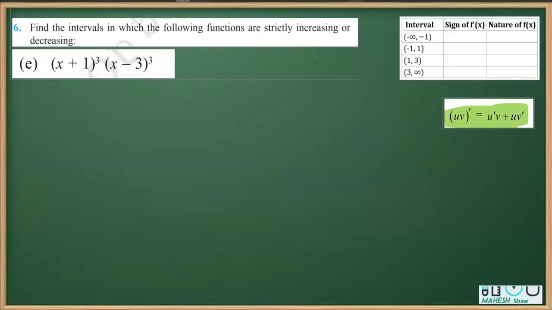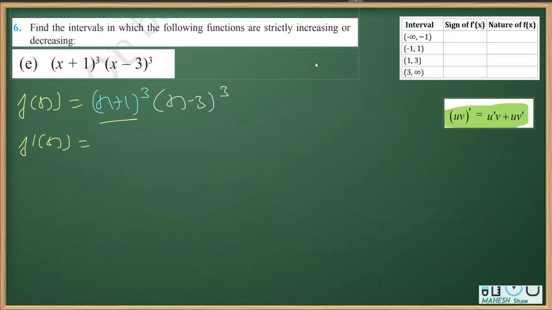Let's say I consider the function as f(x). As I said, we are going to apply the product rule. So let's say I take this as u and the other as v, (x minus 3) whole cube. Now to get f dash x, first it is u dash, so the differentiation of this is 3(x plus 1) square, and from the chain rule the derivative of x plus 1 is 1, so we don't write 1.